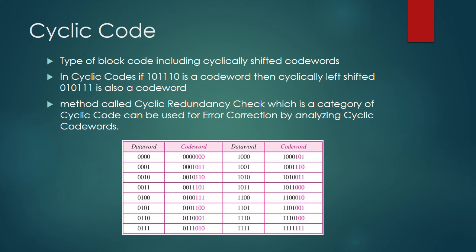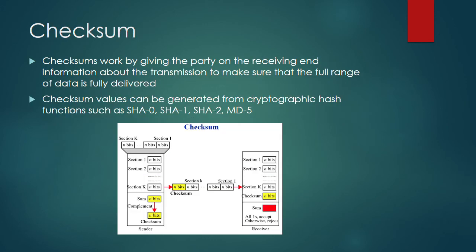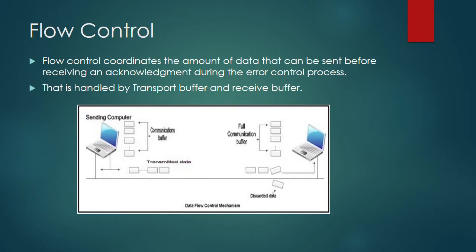So the possible code words are increased here in cyclic code. So checksum is used. Checksum is also an error correction method. This is used for more than single bit errors.